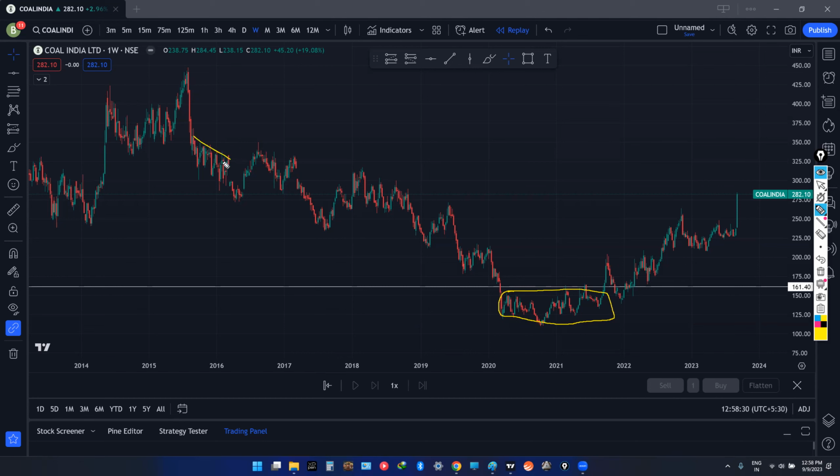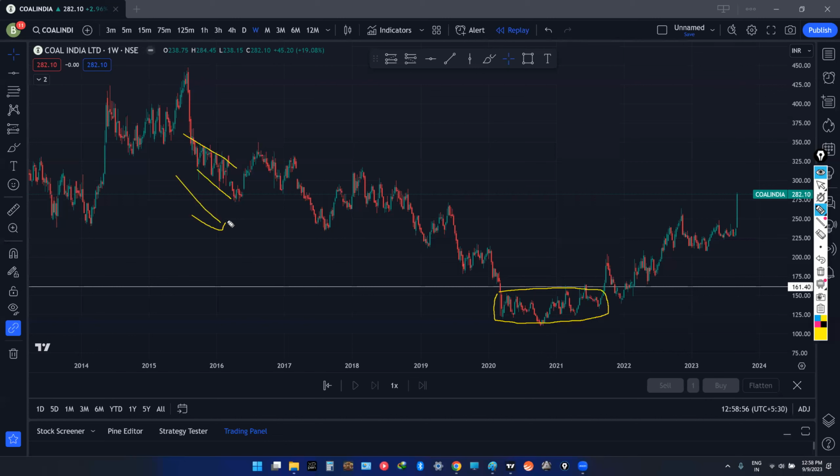See, here was a sideways phase. It was tilted downwards. Here was a sideways phase, also tilted downwards. In this whole thing, from 2016 to 2020, only this was the sideways area which was not tilted downwards. What is the meaning of tilted downwards?